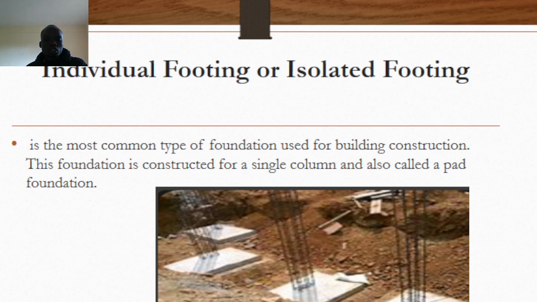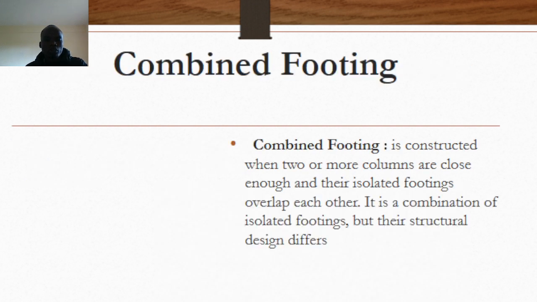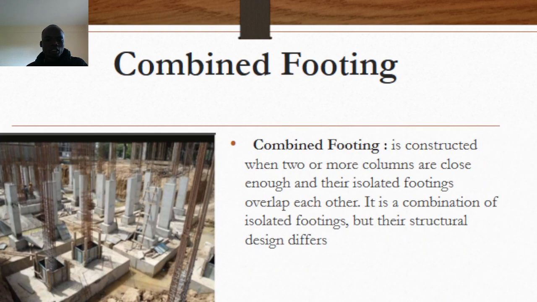This foundation is constructed under a single column and is so-called a pad foundation. Combined footing is constructed when two or more columns are close enough that their individual footings overlap each other. This is a combination of isolated footings but their structural design differs. The picture is there, that's it.